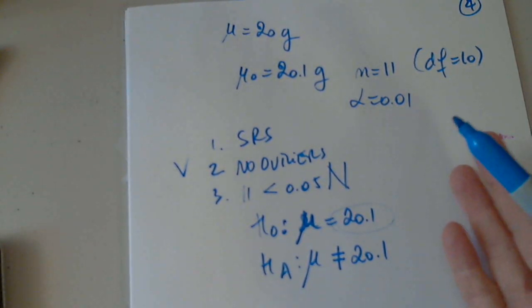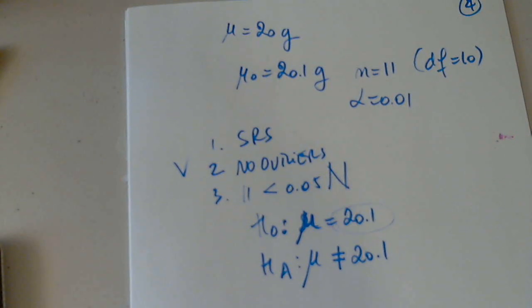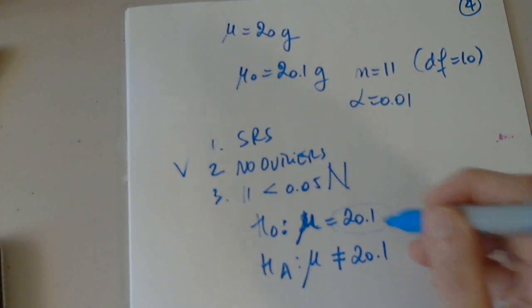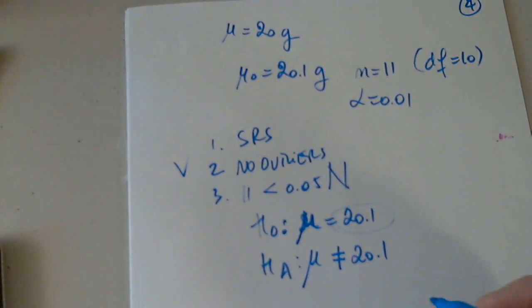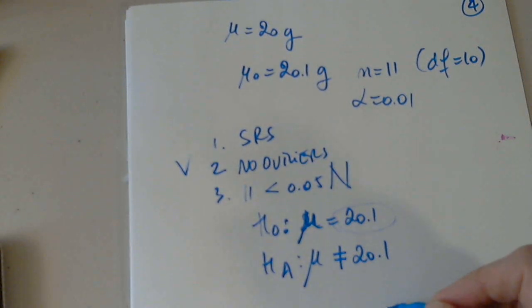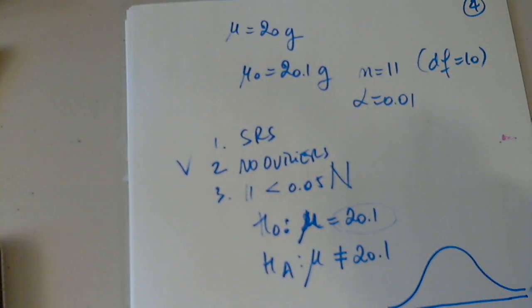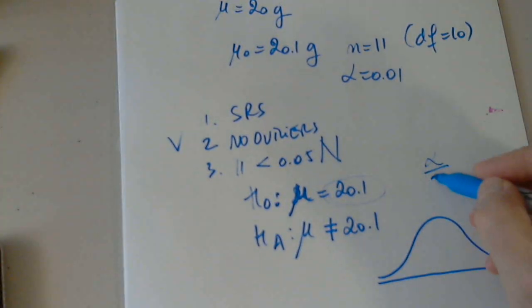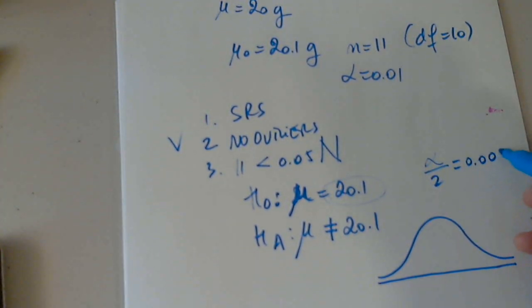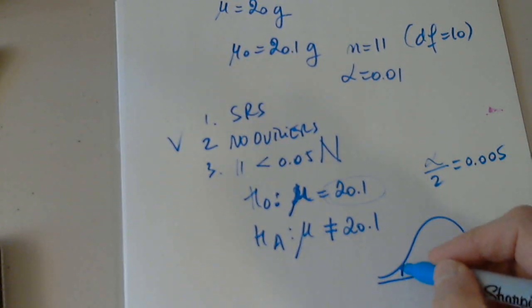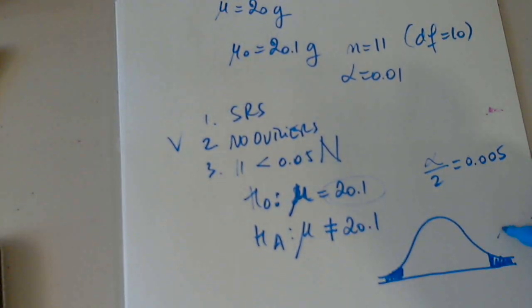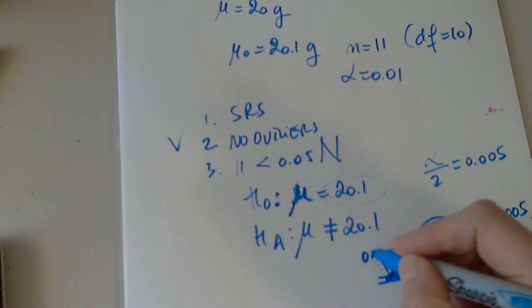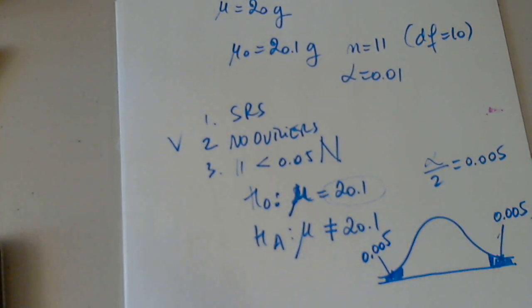I'm not really interested if it's more or less. I'm interested if I get that or not. So this is a two-tailed test, which splits the alpha in 2. So alpha divided by 2 is 0.005. So this alpha and this alpha, because it's a two-tailed test, this is 0.005 and this is 0.005.